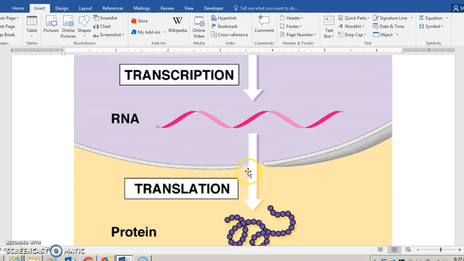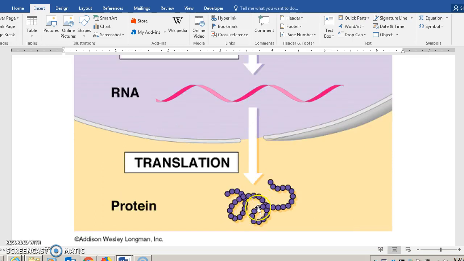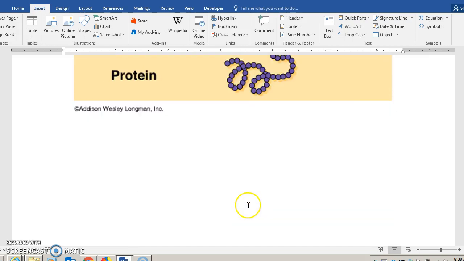And then from the RNA, we can use the information and translate it into an amino acid code or sequence. We talked about polypeptide chains in the past. The polypeptide chains can be hundreds of amino acids in length. And that protein then gives us our physical characteristics.